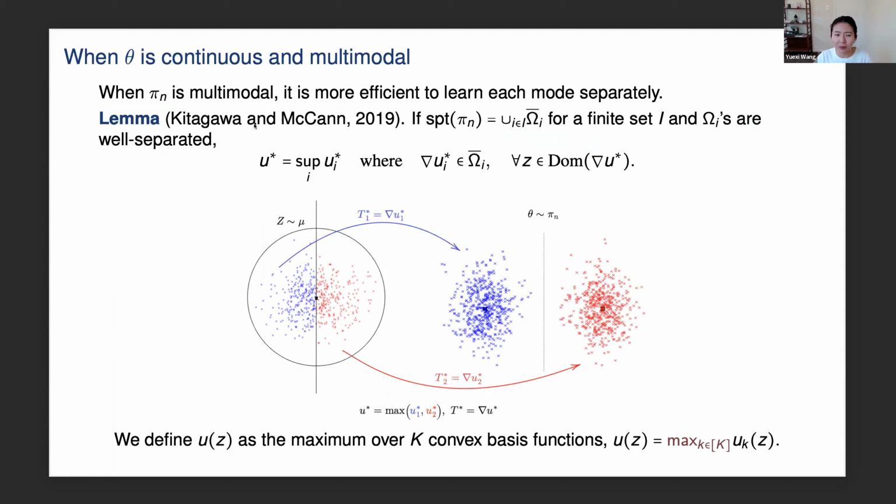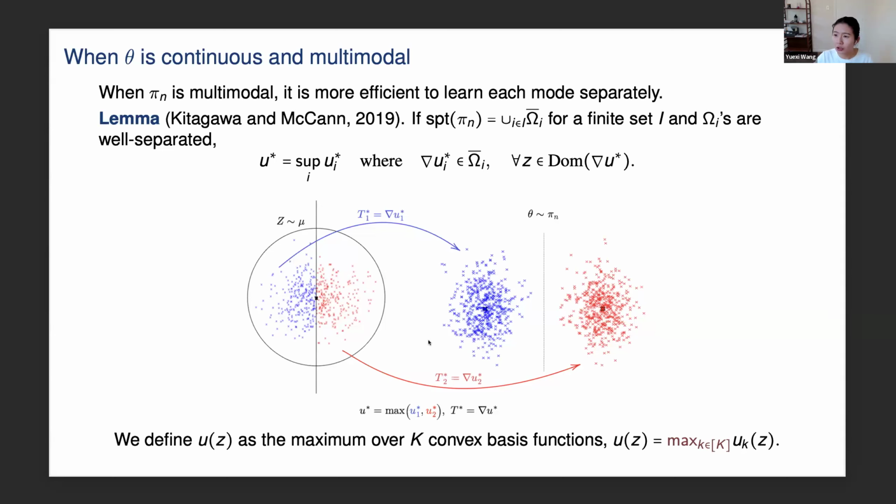This lemma from Kitagawa and McCann in 2019 suggested that if the support of your target distribution is a union of well-separated subspaces... For example, if my target distribution is a mixture of two Gaussians, and these two Gaussians are well separated, it's very hard to learn one continuous map that can push a standard Gaussian to a mixture of two well-separated Gaussians.